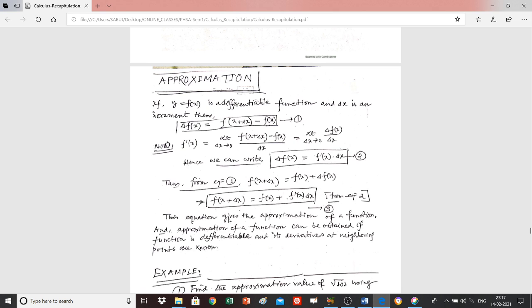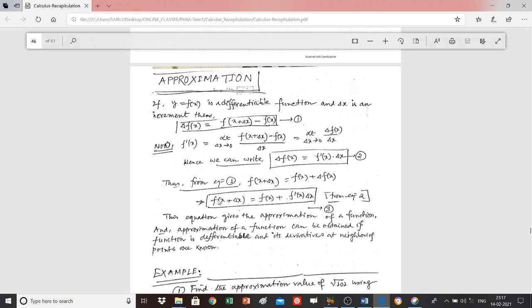So finally we obtain the value of f(x plus delta x) is equal to f(x) plus f'(x) delta x. This is the approximate value of the function f(x), and this is the mathematical definition. From this equation we can compute the approximate value of the function.